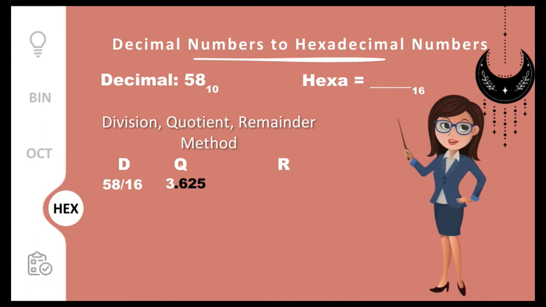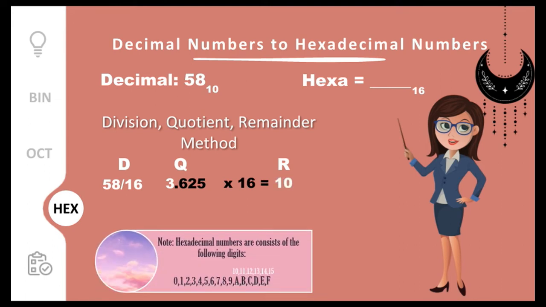Let's get 0.625 and multiply it by 16 to get the remainder, and the answer is 10. In hexadecimal number, numbers 10 to 15 are converted as letters, which are A, B, C, D, E, and F. So number 10 in hexadecimal number is equivalent to A.